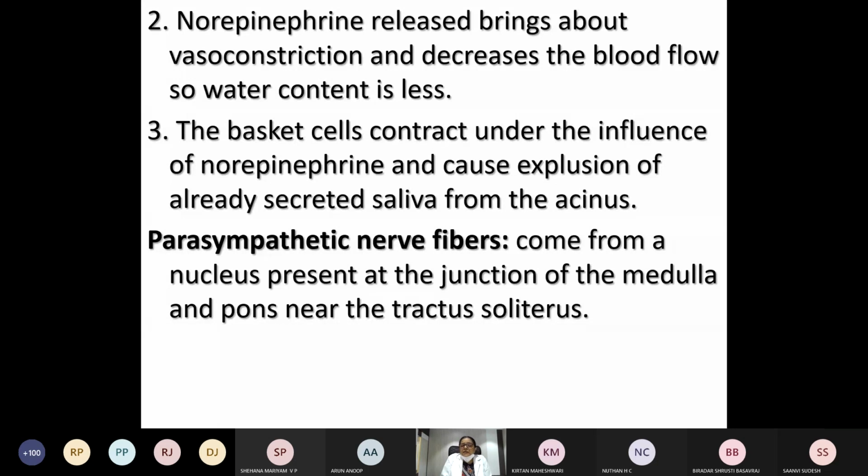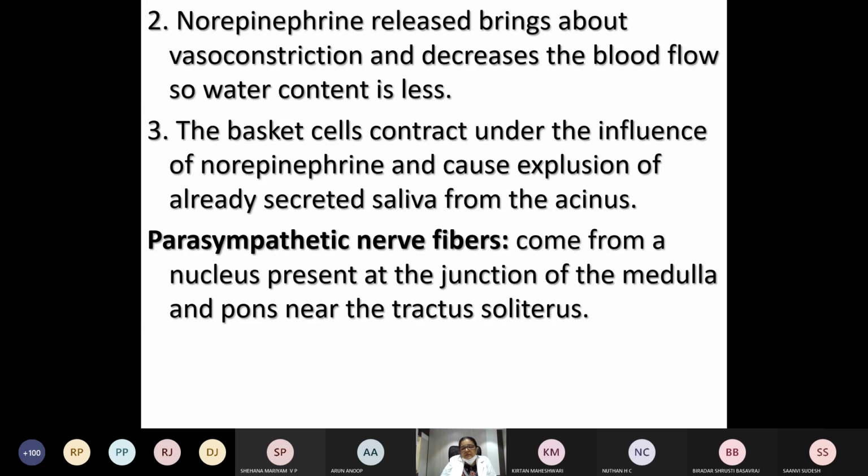The basket cells contract under the influence of norepinephrine and cause expulsion of already secreted saliva from the acinus.